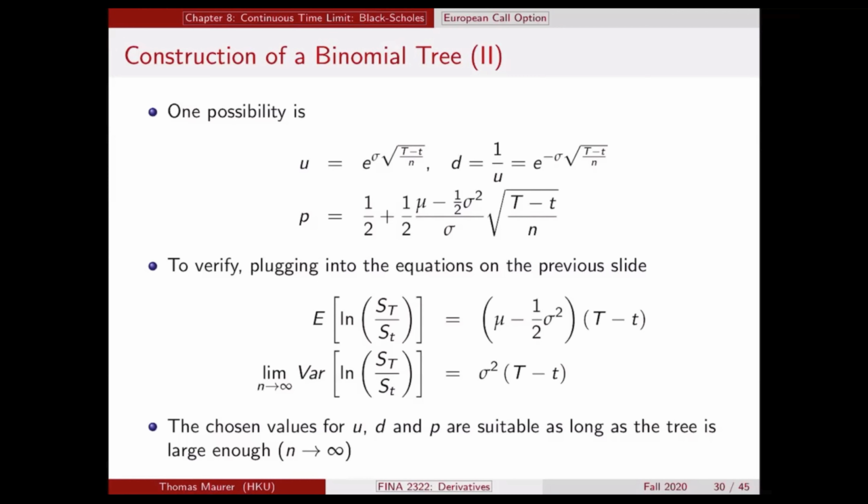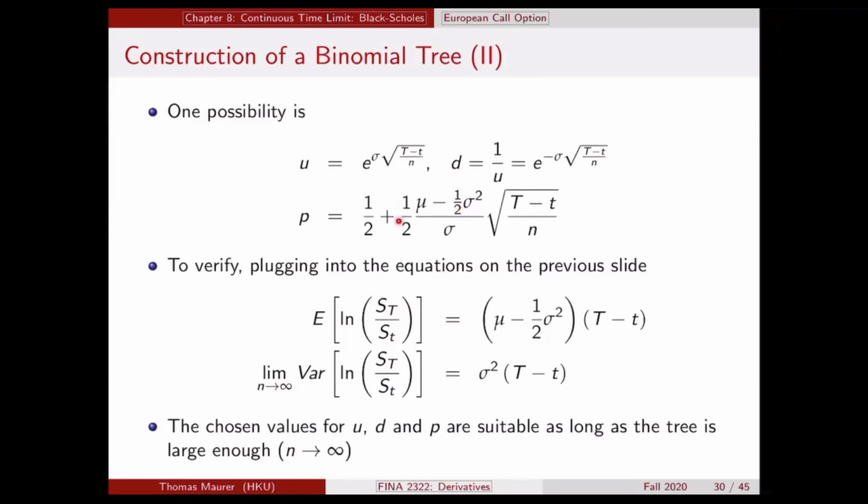Now, it is a fact that it is really hard from the data to estimate expected returns, but it's relatively easy to get good estimates of the volatility of a return. And so this is convenient because this means we can relatively accurately estimate quantities which we need to get our gross returns U and D.